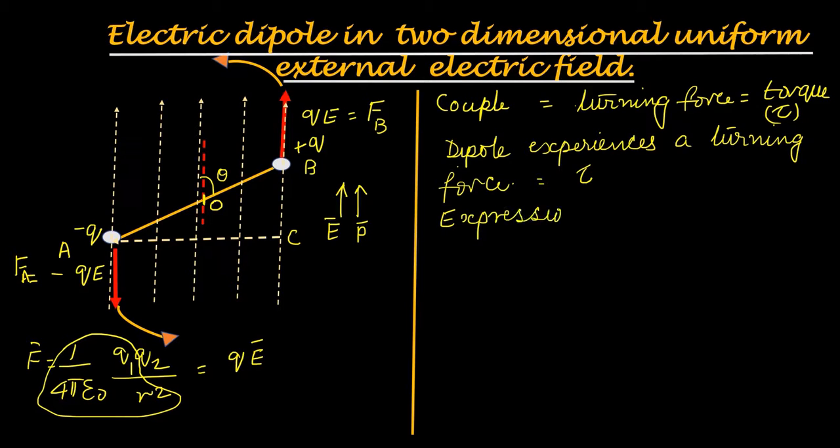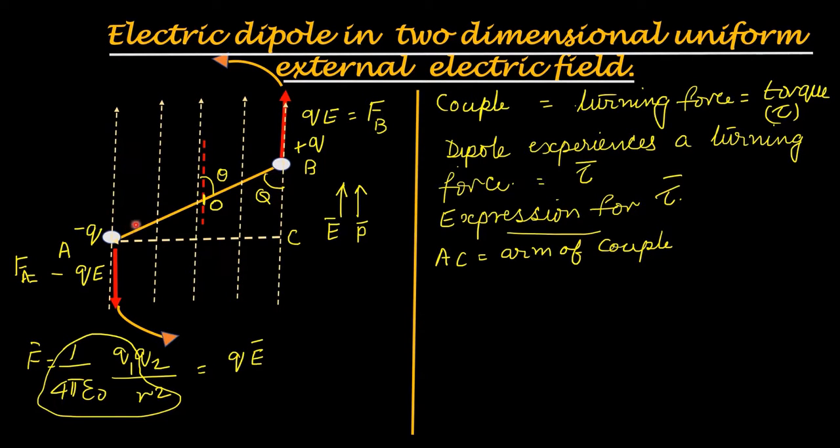Now we will derive an expression for torque. AB is equal to axis of the dipole equal to 2A. Dipole rests at an angle theta. Angle ABC is equal to theta. If this angle is theta, this angle also has to be theta. So AC is equal to AB sin theta. The effectiveness of the couple is given by the term moment of couple.